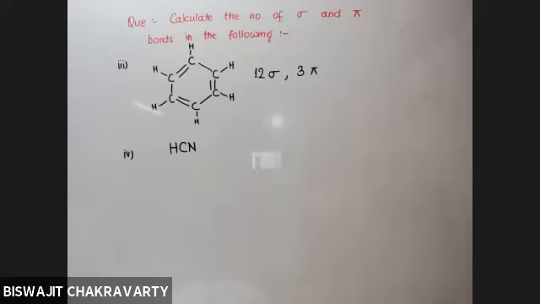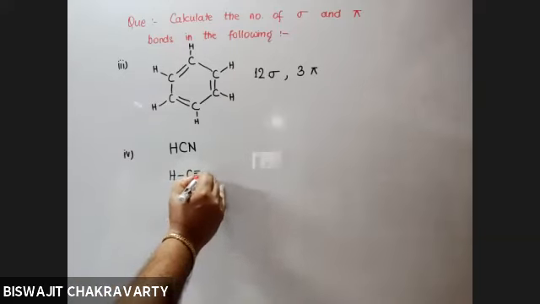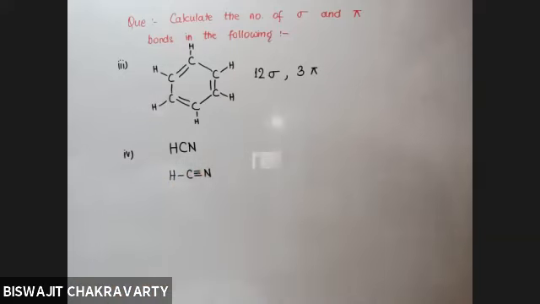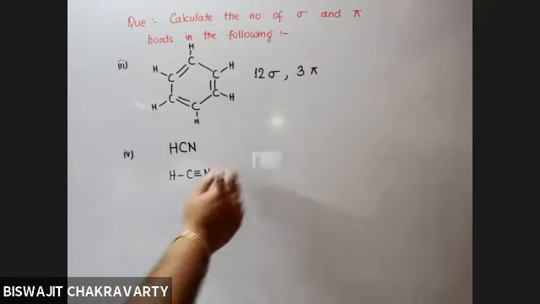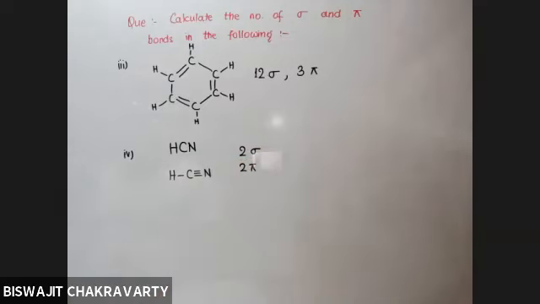How did you open up the structure, keeping in mind their valencies? Sir, carbon in the middle. So there are 2 sigma and 2 pi. Okay.